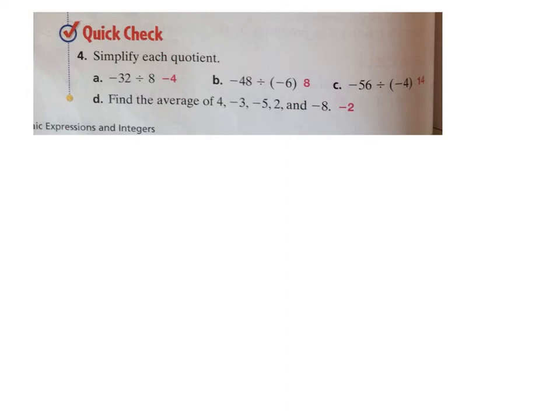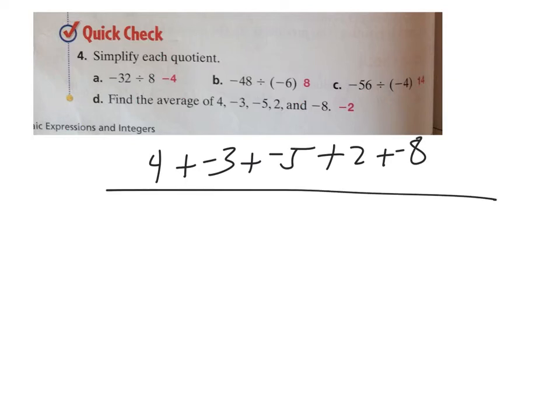Finally, finding the average, that means add all those together. So we're going to have 4 plus a negative 3 plus a negative 5 plus 2 plus a negative 8, and all divided by, let's see, 1, 2, 3, 4, 5 numbers, right? So divided by 5. Quick second here, and we'll go ahead and add those up. Let me see, I need my pen back. There we go.